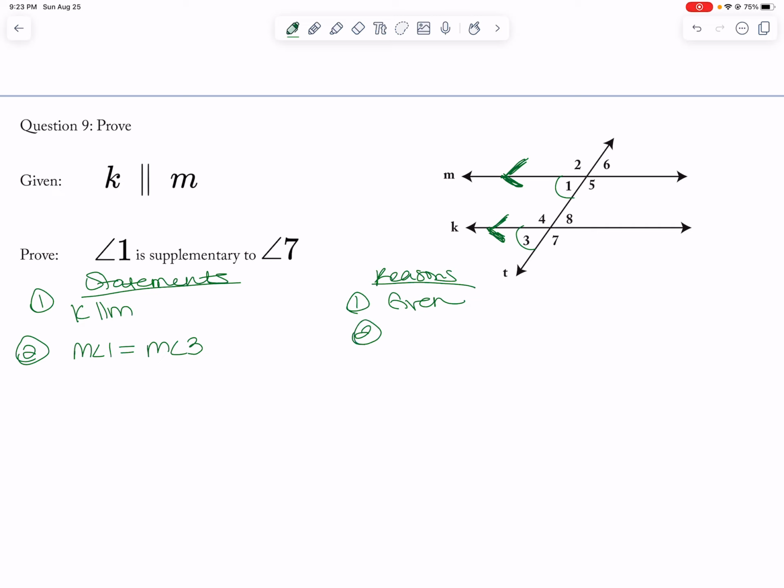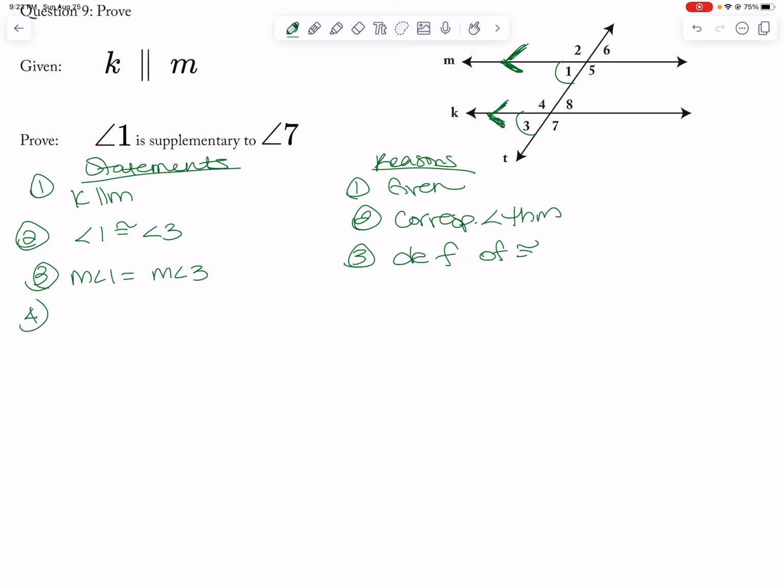And actually, realistically, I should go like angle 1 is congruent to angle 3 by corresponding angles theorem. And then I should say measure of angle 1 is equal to measure of angle 3 by definition of congruence.